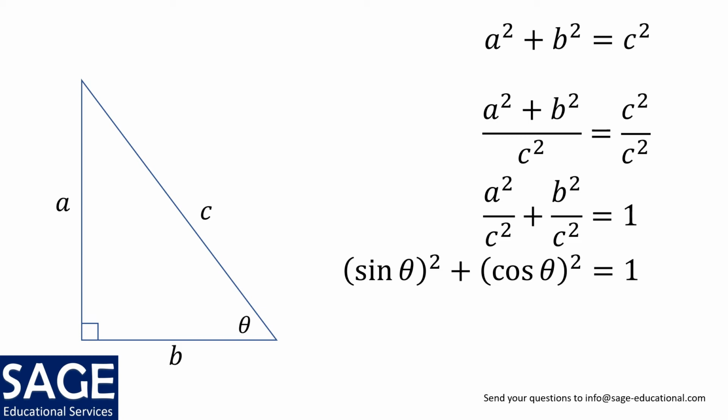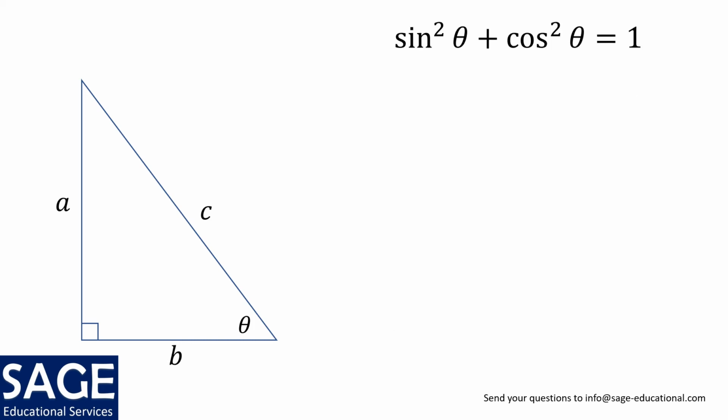So I have sine theta squared plus cosine theta squared equals 1. Now that's not how we normally write these. We write these as sine squared of theta plus cosine squared of theta equals 1. So that's the first trig identity that we have. And from this, we will now see how to get the other two trig identities.